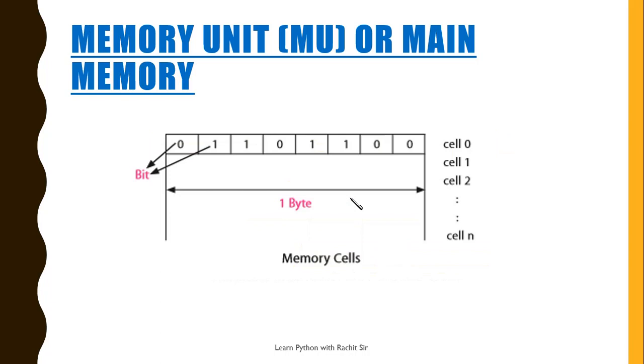Next topic is memory unit or main memory. Memory unit, or primary or main memory, is used as storage unit for programs as well as data. It is the computer memory that is accessed directly by the CPU. The memory can be both primary or secondary depending upon its location in the computer system.